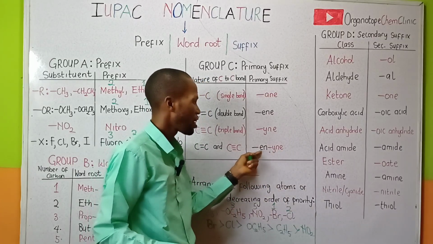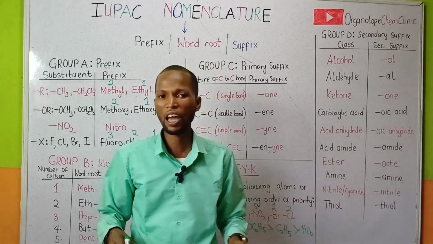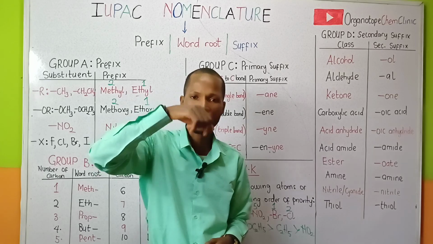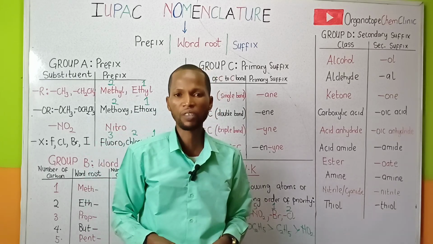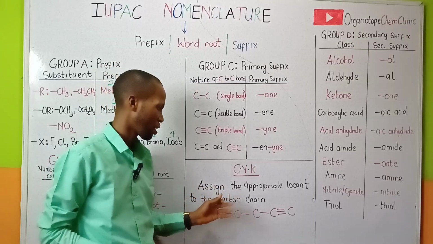So it is "yn". So if you are yet to end the IUPAC nomenclature, you do not put the last alphabet E in the suffix. Make sense?